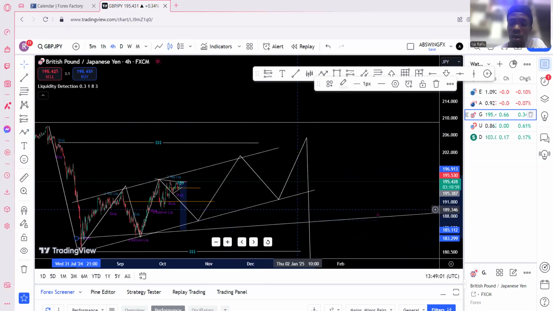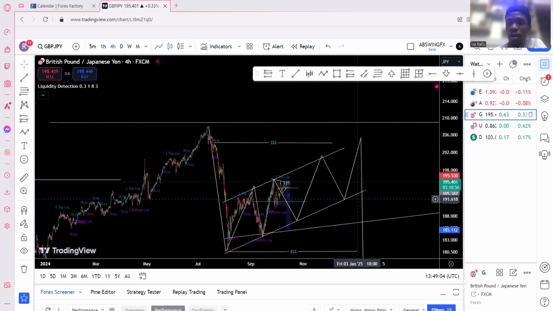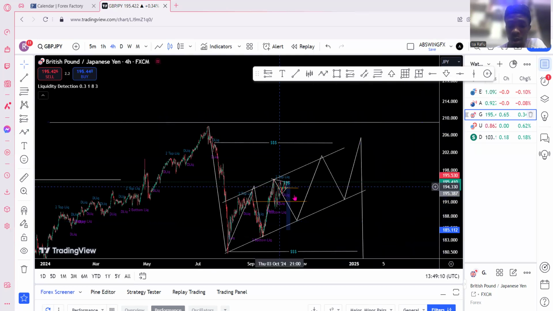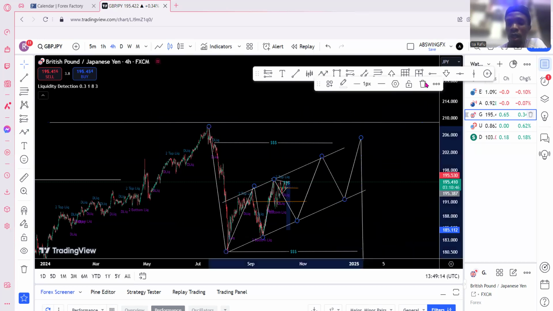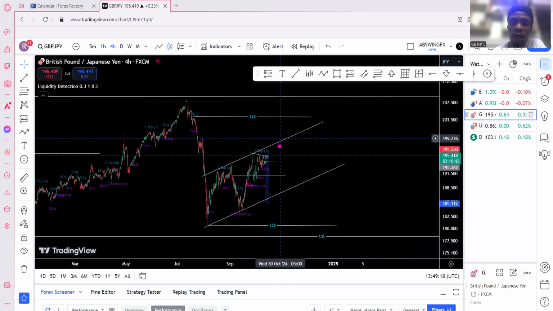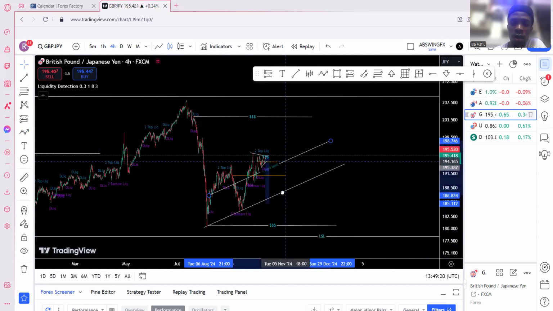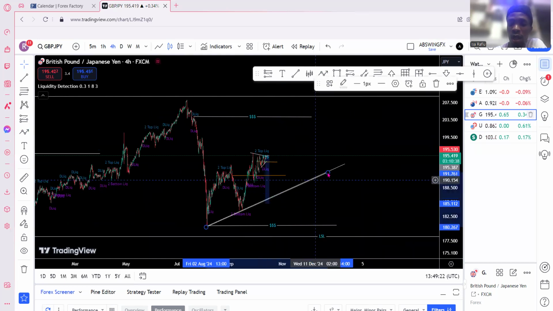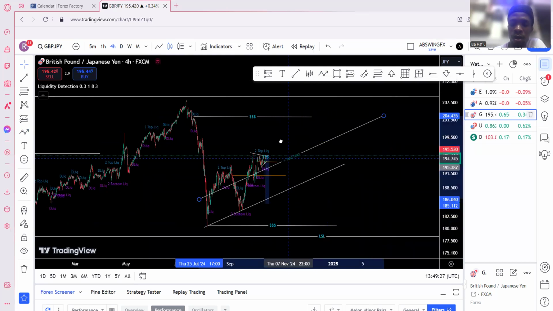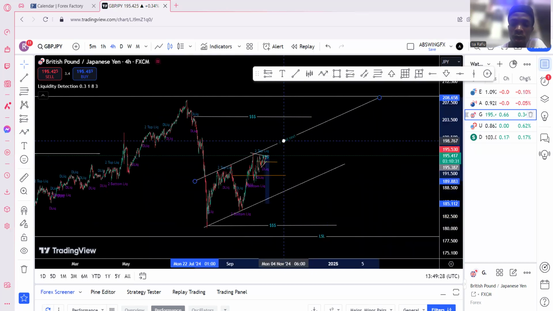But the funniest thing about this market is that instead of going in that normal movement, the market can easily spike above, pick the liquidity, and come back inside and start dropping drastically. So it is a very good sign.